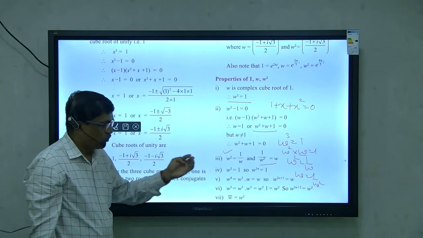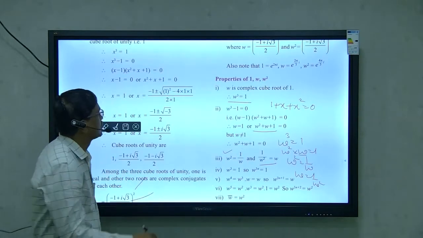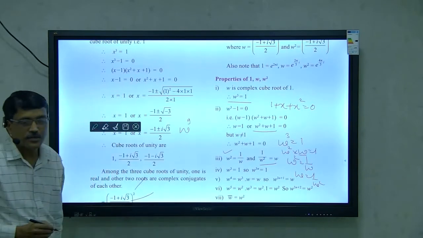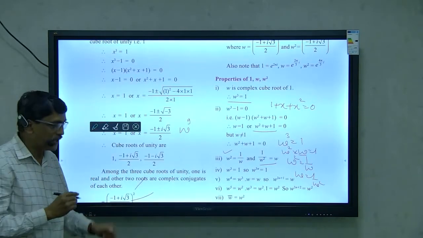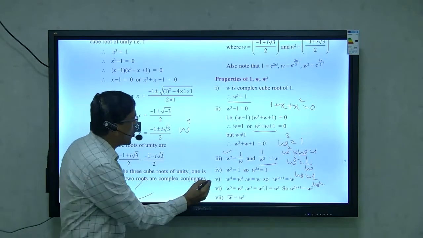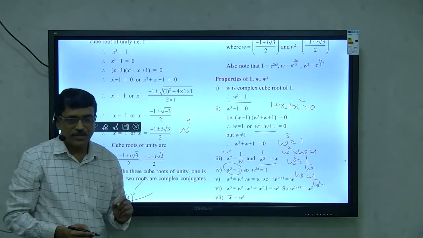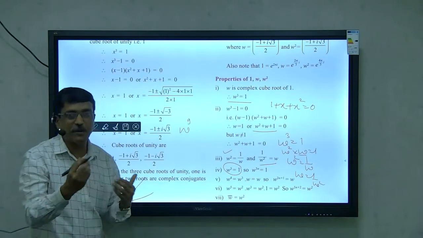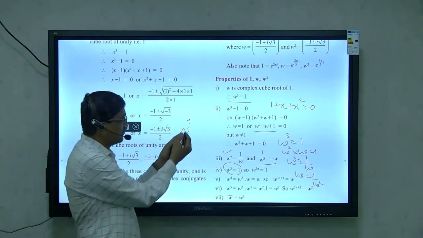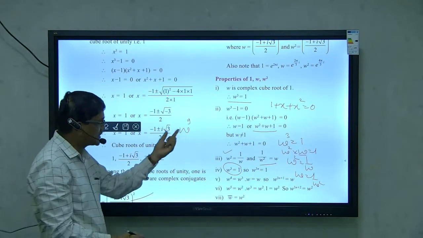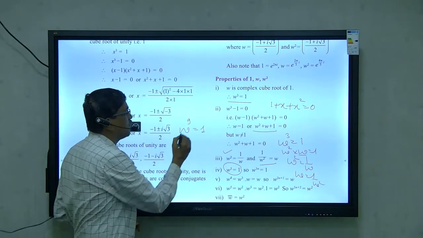If we are asked to find what is omega raised to 9, how do we use this property? We know that omega cube is equal to 1. If the index of omega is a multiple of 3, 9 is a multiple of 3, therefore what we get? Its value is 1.